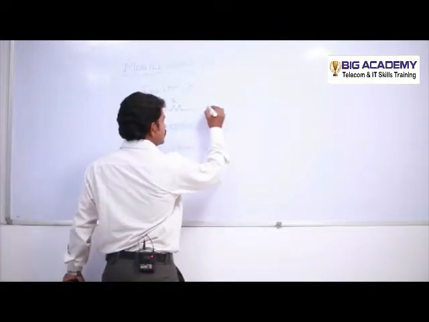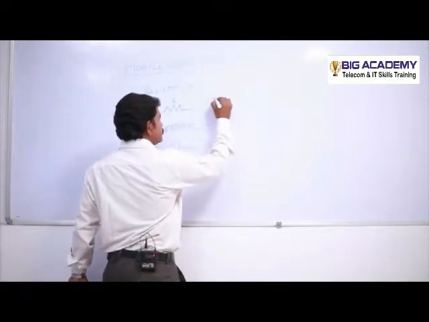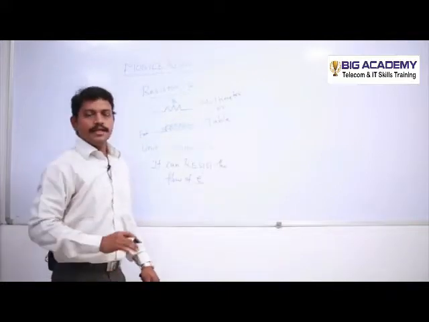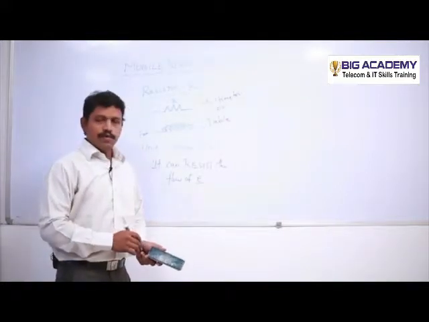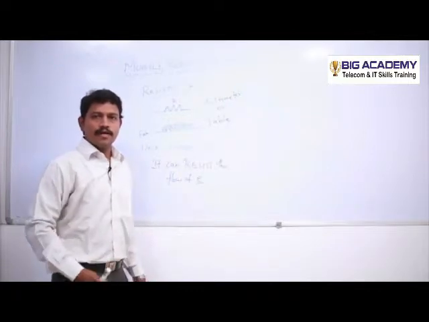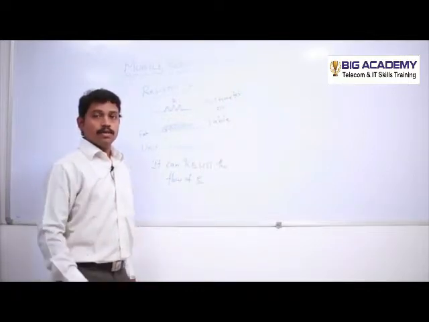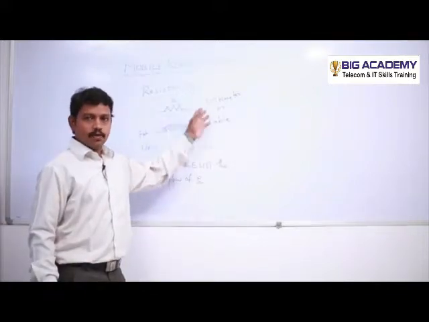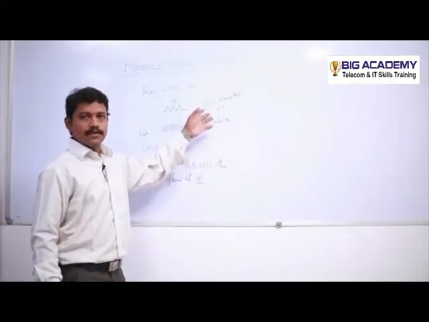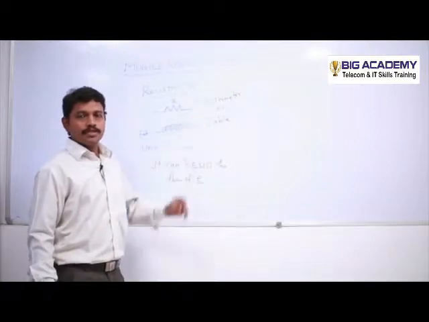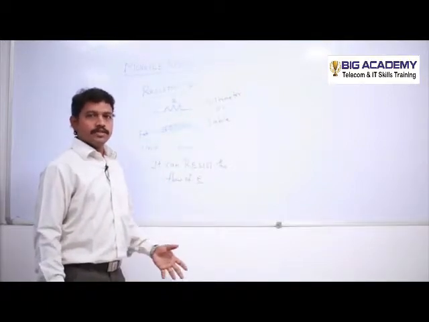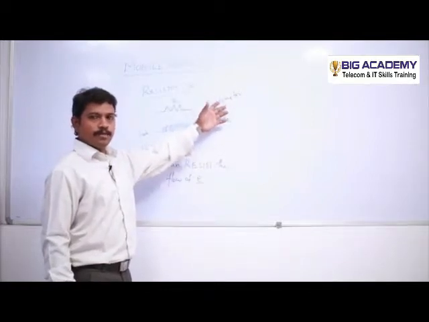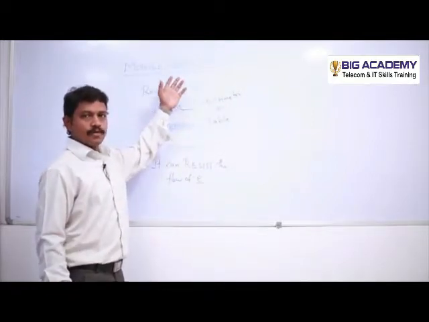This can be measured with the help of a multimeter or a table which gives you the entire value. Whatever the resistor value, it has color coding, and with the help of the color coding we can measure the value. Or else, if you are familiar with multimeter usage, with the help of a multimeter we can find the value of resistance.